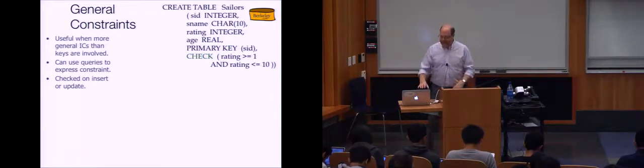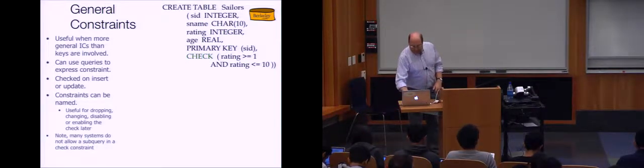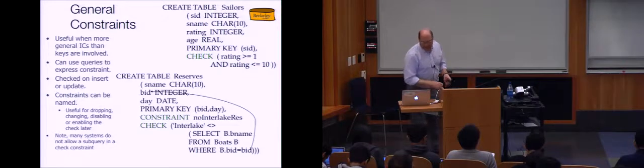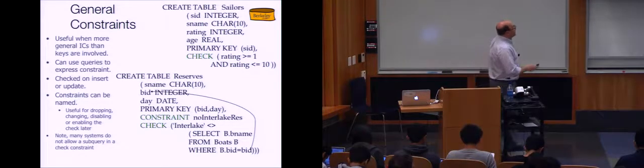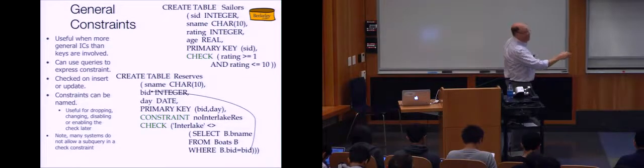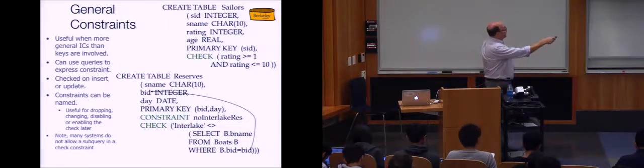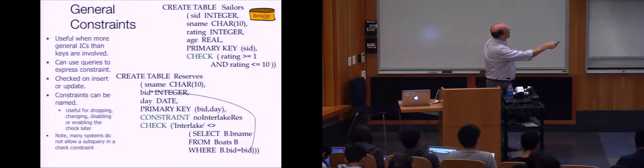Okay? So that's general constraints, and then you can be more complicated. Here's another example, on the reserves table in our sailing club. What is this one saying? We gave it a name, no interlake res.